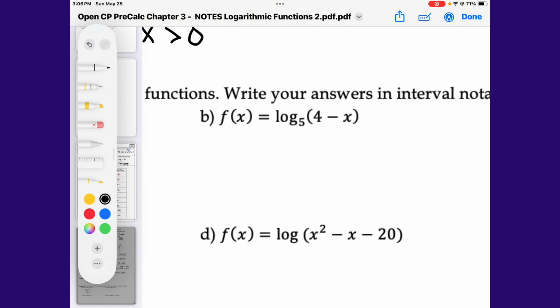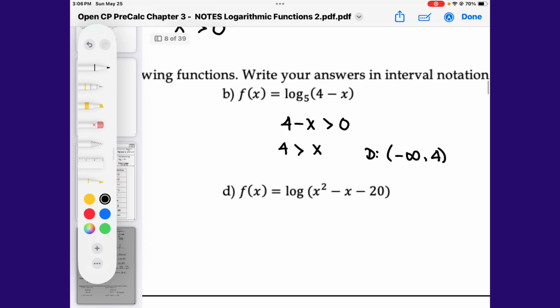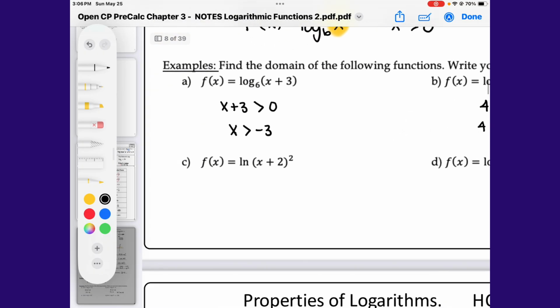So here we have 4 minus x, and that has to be greater than 0. So let's add our x to the other side. So in order for this log to exist, x has to be less than 4. When you're asked to write your domain in interval notation, we would say, hey, we're going from -infinity to 4. And it does ask you to write your answer in interval notation. Go back to this one and do that.